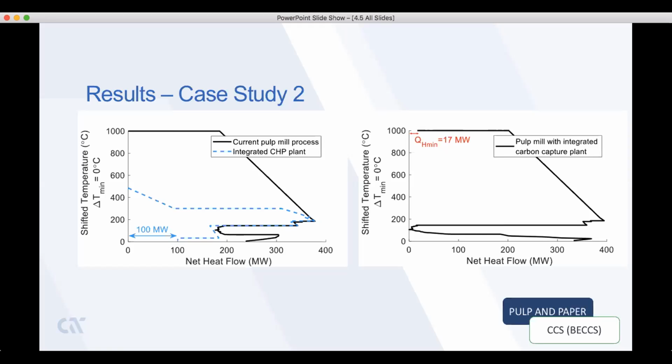If carbon capture is applied to the CO2 emissions of the pulp process, as is illustrated by the right-hand figure on this slide, a significant heating and cooling demand is added, and the available high-temperature heat is not enough to cover the additional heat demand of the carbon capture process, meaning that external fuel must be used.